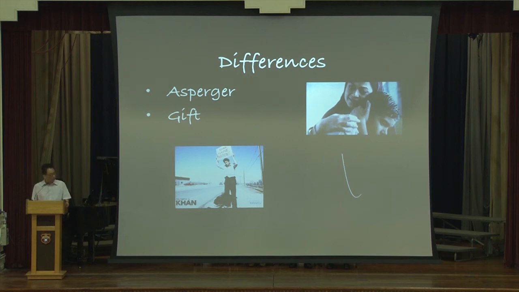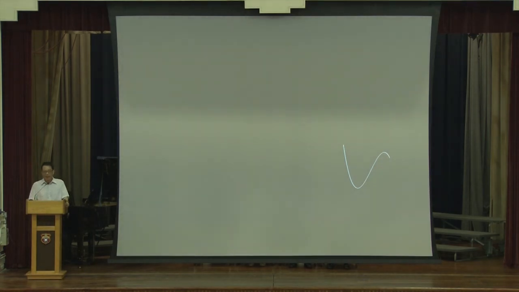Stories are always like this. This is the later happiness function of Rizwan. As you can see, after the dip, his happiness goes up because he works very hard with the private tutor.